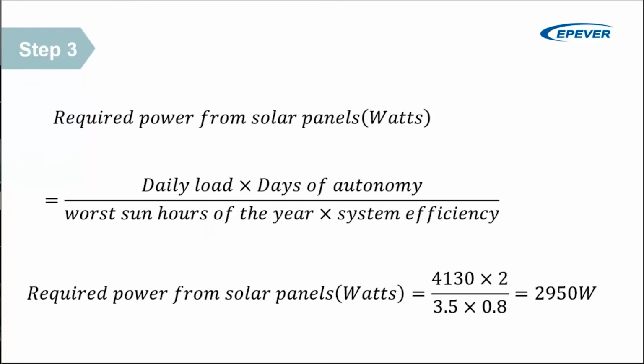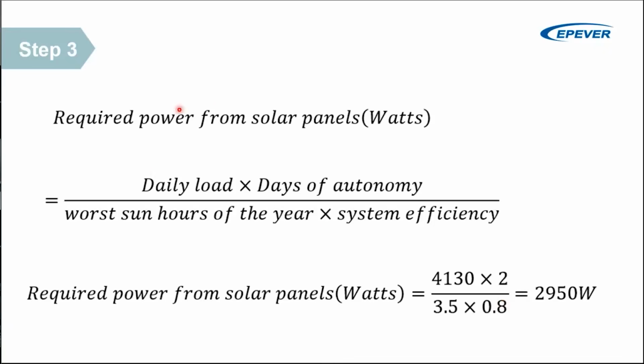And about the system efficiency, we might wonder what the efficiency is here. We have quite a lot of losses in off-grid systems: soiling, snow, rainfall, voltage drops, wiring, inverter and charge controller efficiency, and all of this leads to an inefficiency of 20%.